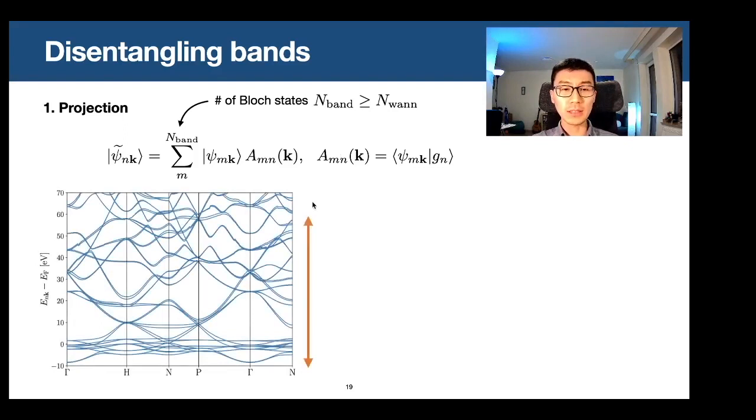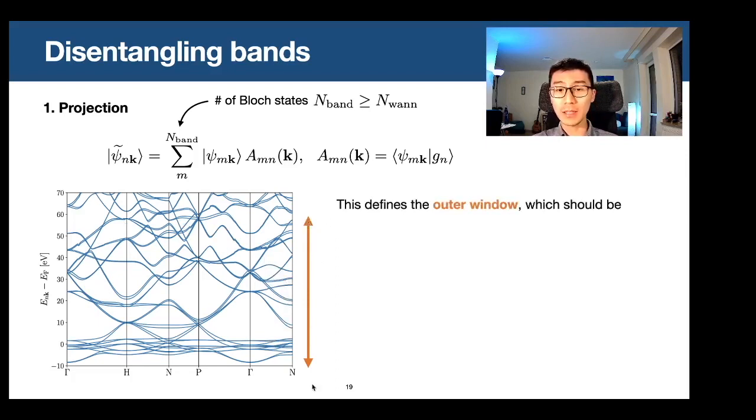For example, this is the example that I'm going to deal with, BCC iron. I'm going to cover this range of the energy window, and I'm going to use these Wannier functions to obtain this energy range of Bloch functions. There is a notion of the outer window.